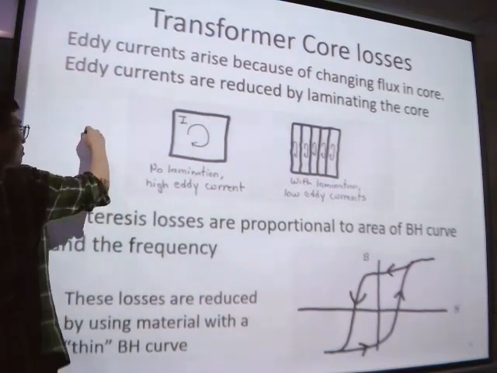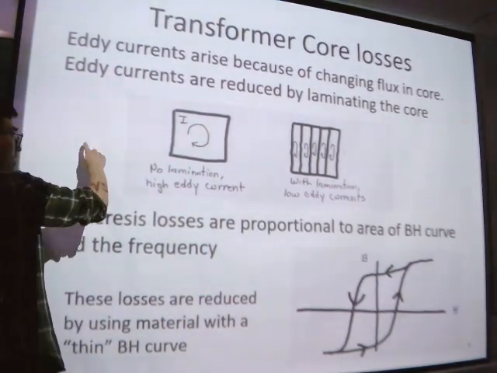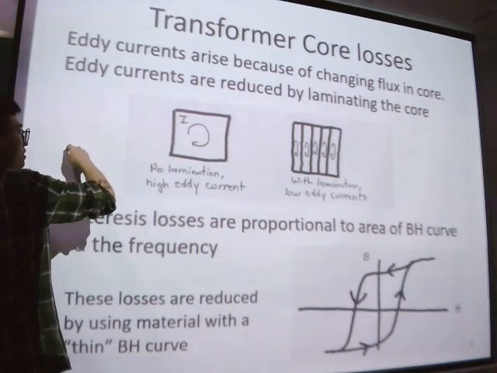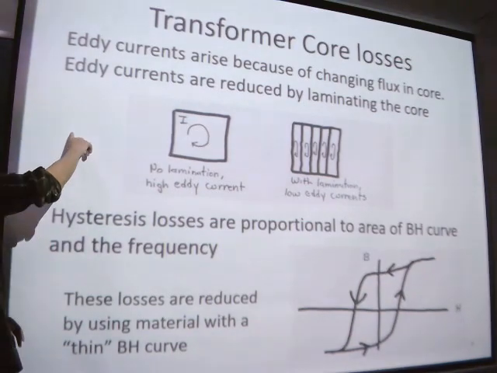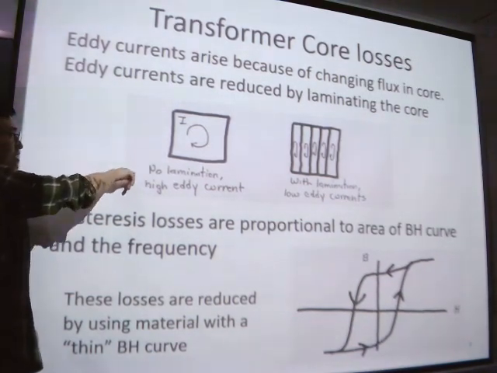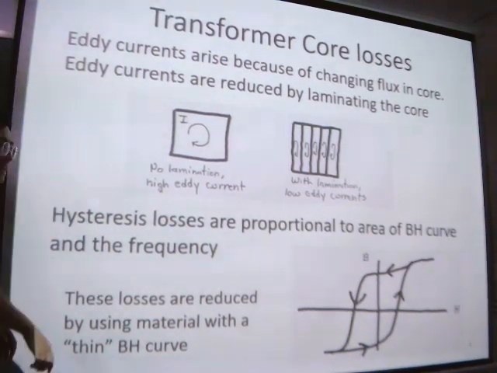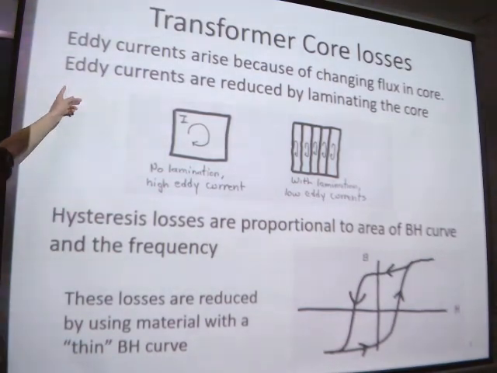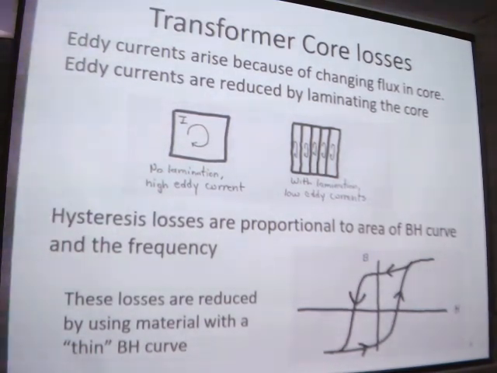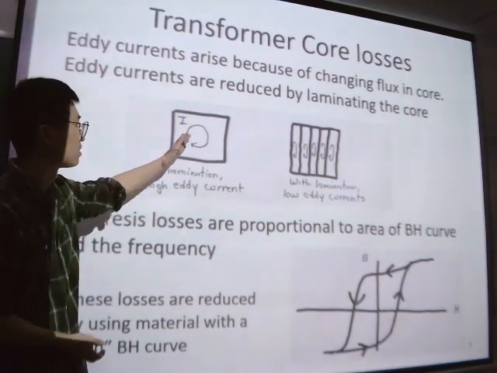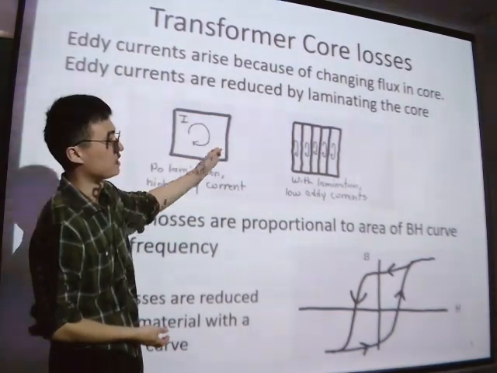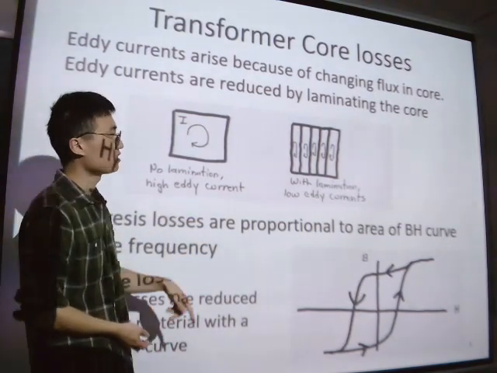The eddy current is a current that runs in a circular direction. Okay, so from the beginning, one circle and back to the beginning. So to reduce it, we can use lamination, just to cut the core into slices.